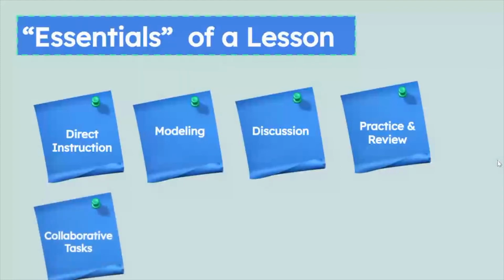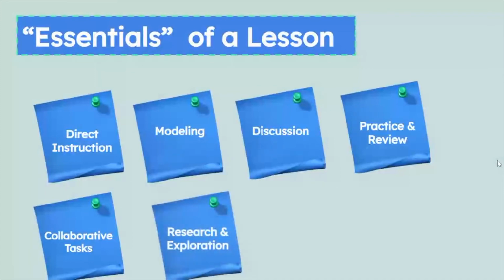The fifth is collaborative tasks, also sometimes known as group work. It is important that we still allow students the opportunity to collaborate and work together. There are many tools that support student collaboration. We will also include some of these collaboration tools in the additional resource here in just a moment. The sixth is research and exploration.